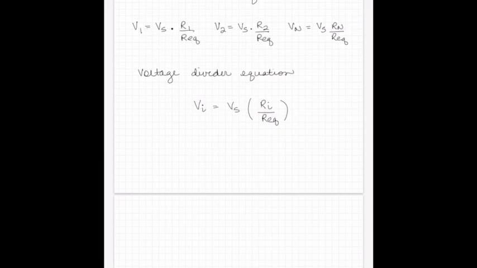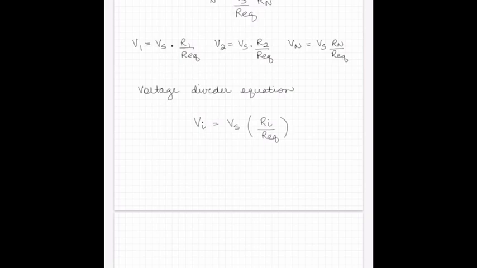If we look at this equation here, we're solving for the first voltage associated with the first resistor, so i is 1. And then we have our total voltage, and we divide it by our series equivalent resistance.